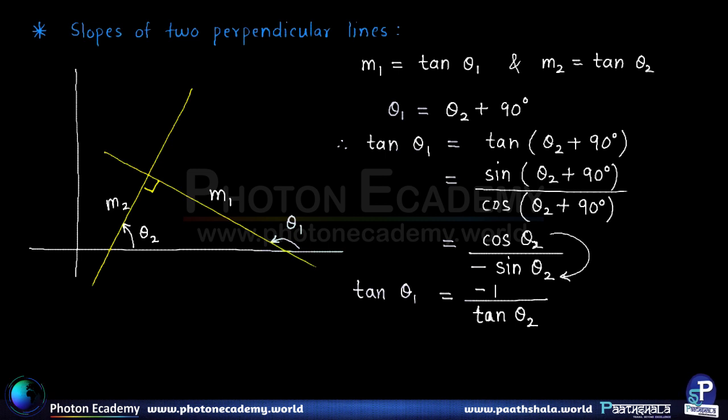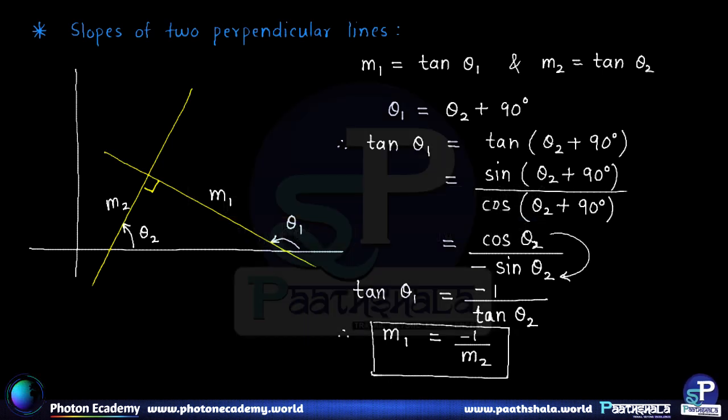So what we have got essentially is tan of theta 1 is equal to minus 1 upon tan of theta 2. Now if we replace these tans by the slopes, we have m1 is equal to minus 1 upon m2. In other words, if two lines are perpendicular to each other, the slope of one line is the negative reciprocal of the slope of the other line.